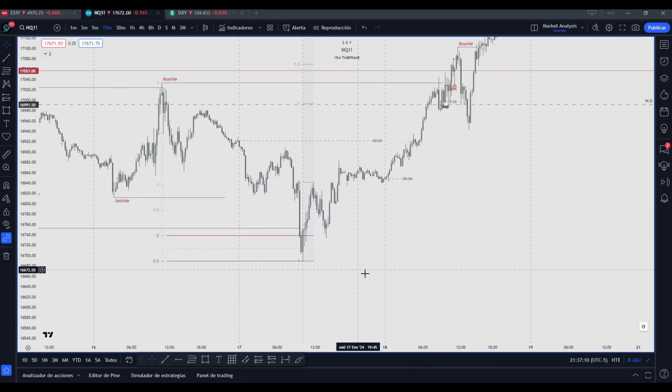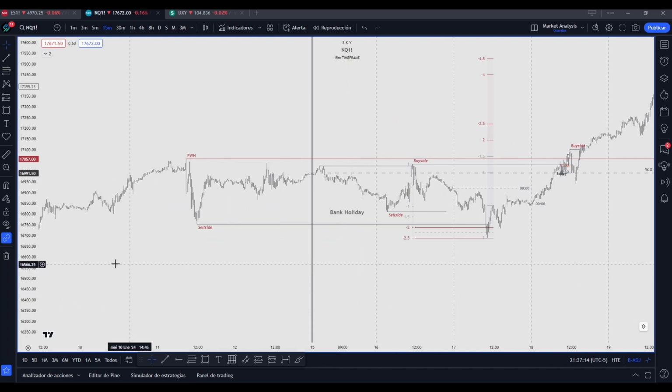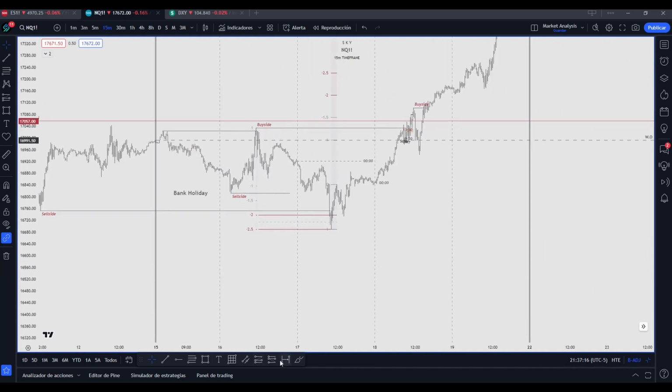You can see here, even on the 15 minutes, what you have here is a swing. This part creates a swing, swing, swing. So now we would be looking for some bullishness.